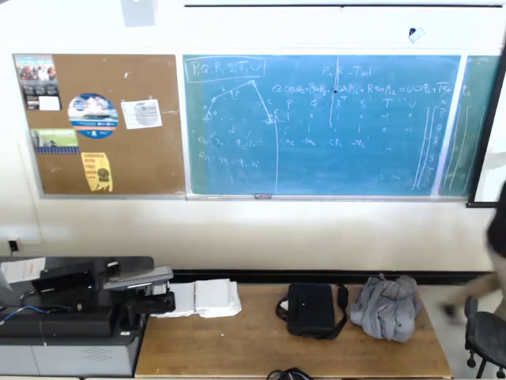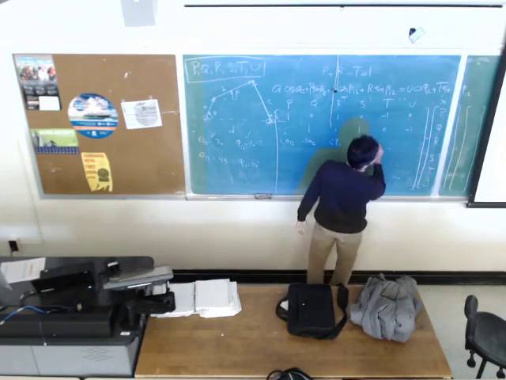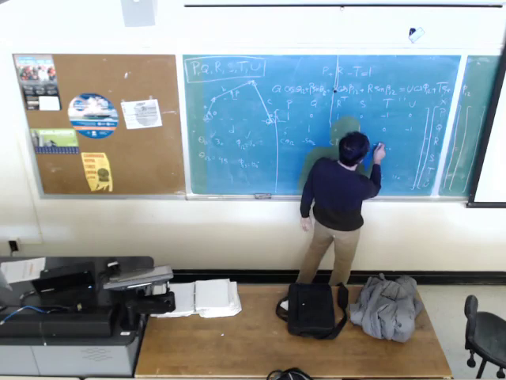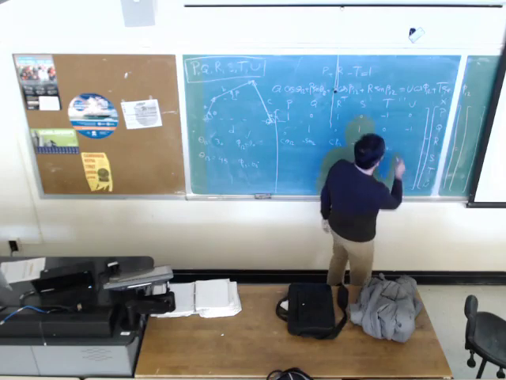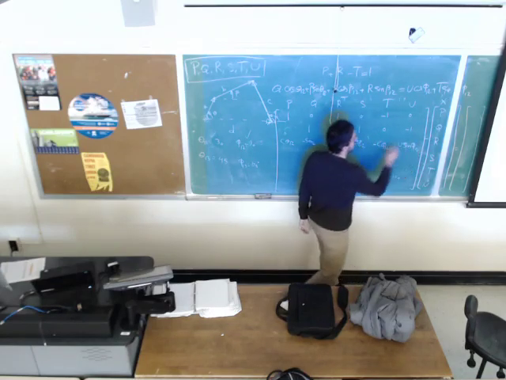T, when I move this to the left side, it's going to be negative cosine of phi 1, 2, and positive U sine of phi 1, 2.